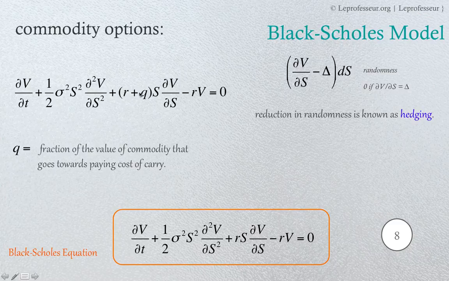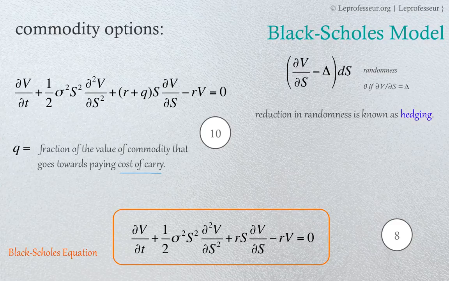So we add Q, which is nothing but the fraction of the value of the commodity that goes towards paying the cost of carry. So we add the cost of carry to R, and the rest of the equation is the same, okay. Let's call it equation 10 if you want to use Black-Scholes for commodity pricing.